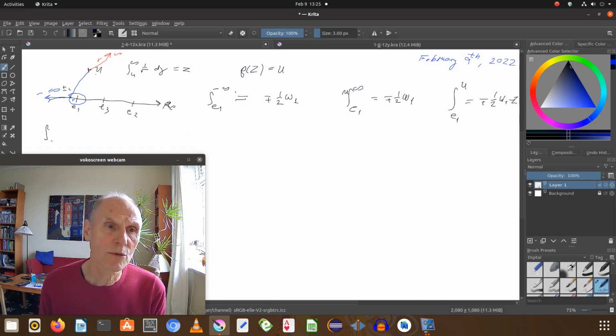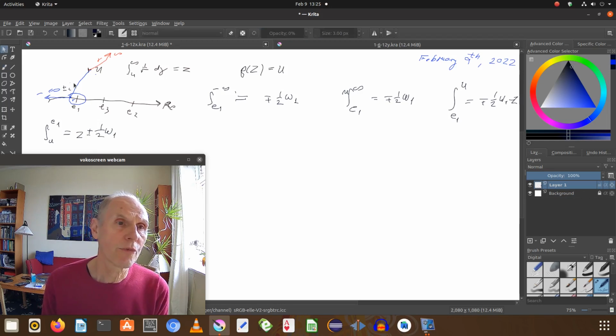So the integral from u to e1 equals z plus minus 1/2 omega 1. So that was going from here. And now if we go straight away to infinity along the negative x-axis, we will of course get z back by adding this to this.